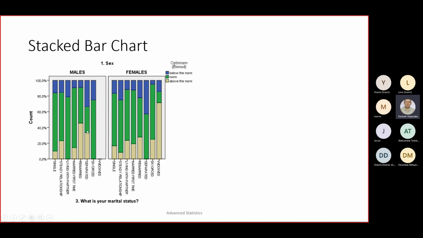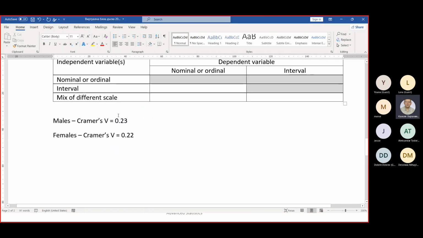So there are differences between males and females, but these differences are small. And these two values of parameter V in the two groups show that these differences are small, because the difference between 0.23 and 0.22 is very small.